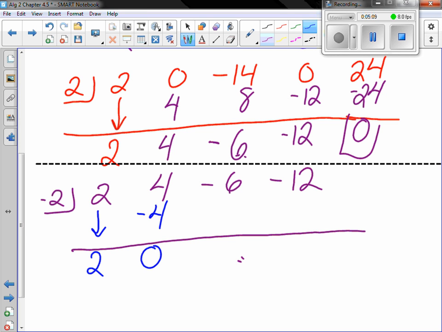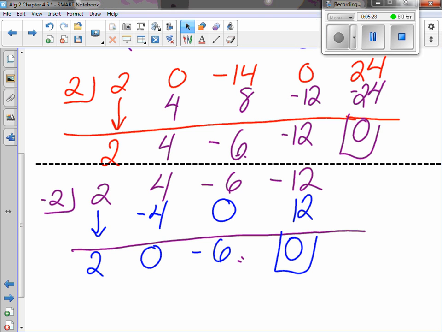Negative 4 plus 4 is 0. Negative 2 times 0 would be 0. Negative 6 plus 0 is -6. Negative 2 times -6, negative and negative makes a positive, would be 12. So at this point, it's kind of like, what's the big deal? Because really all we've said is that 0, 2, and negative 2 all work as factors, yes? Okay.